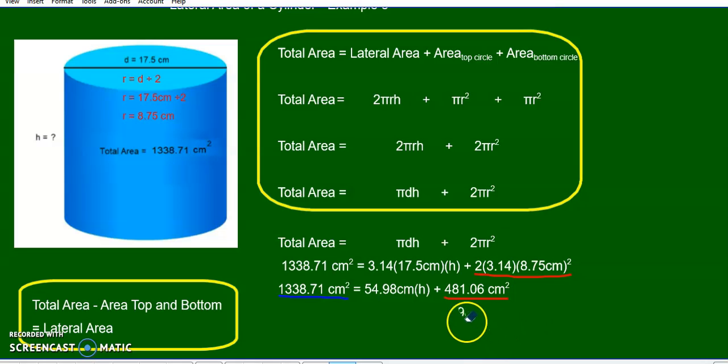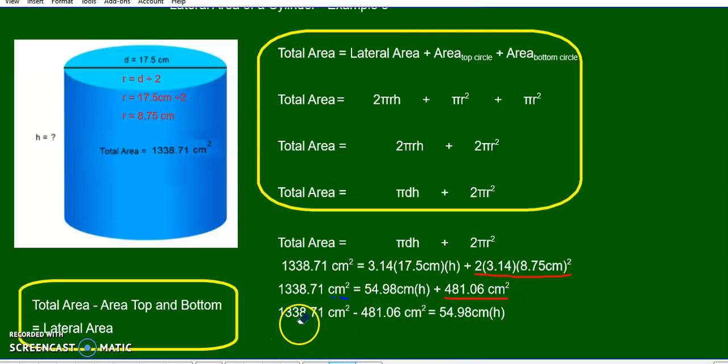And that's what I did here. So now I can subtract the two circles from the total area, and I'm left with the lateral area, circumference times height. Remember, 54.98 we got from the circumference, pi times diameter.